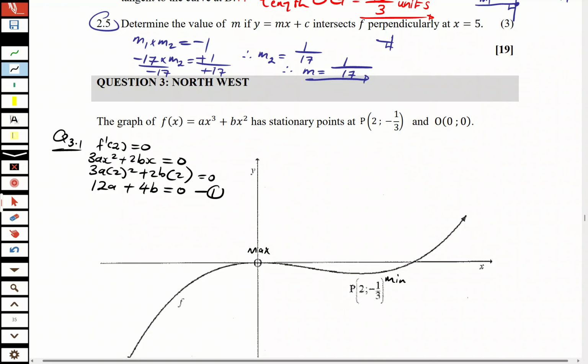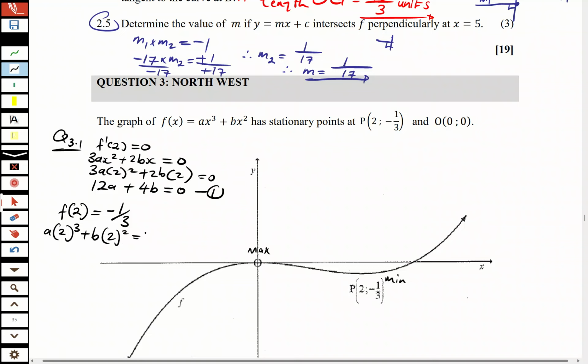To find equation 2, remember that you have the y coordinate, meaning that this P is also a point on your function. So you can say, to your original function, in the place of x, put 2. This gives you negative 1 all over 3. So you're going to say a into 2 cubed, I'm substituting into the original function, plus b into 2 squared.